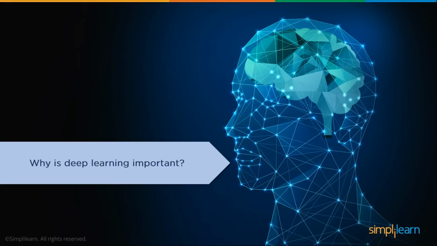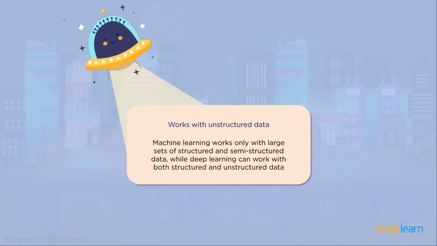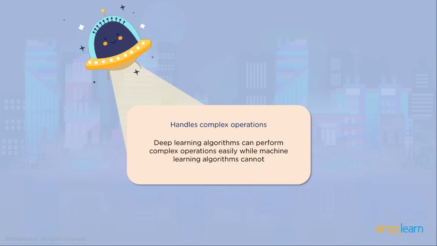Why is deep learning important? It works with unstructured data. Machine learning works only with large sets of structured and semi-structured data, while deep learning can work with both structured and unstructured data. It handles complex operations. Deep learning algorithms can perform complex operations easily, while machine learning algorithms cannot.